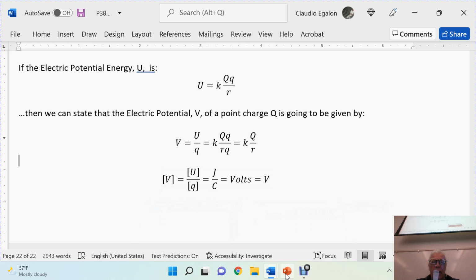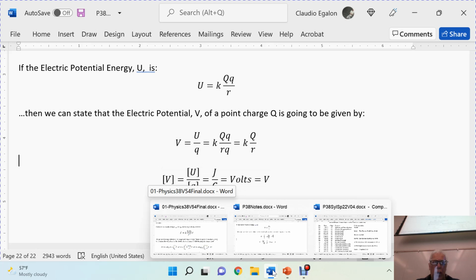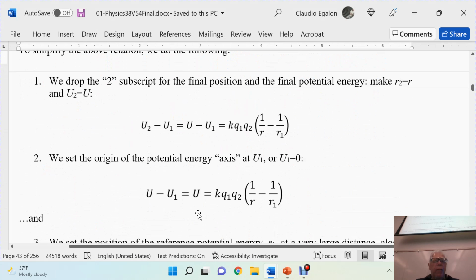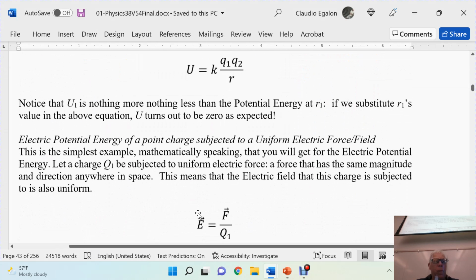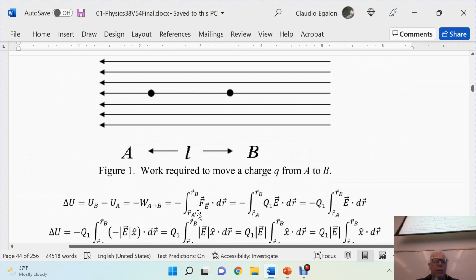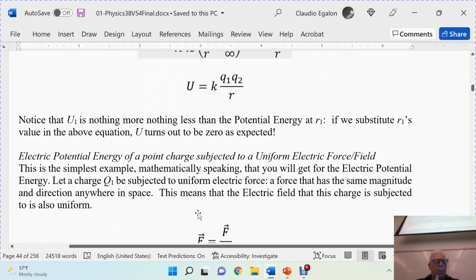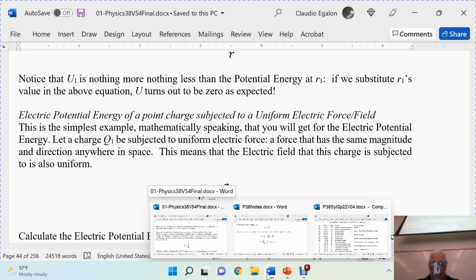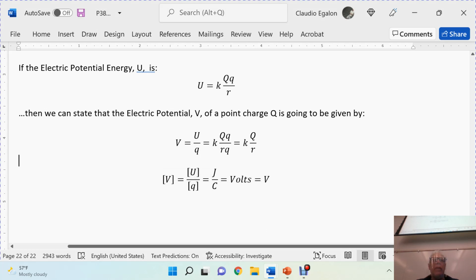Everything comes from the definition of work. Here you go. I have all the derivation here. It's slightly different. What we did here was for the electric potential of a point charge.